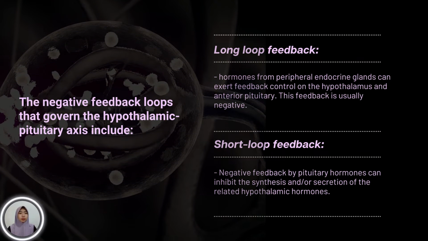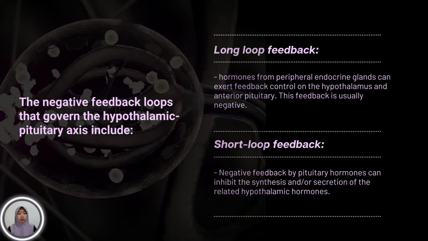So yes, the negative feedback loops that govern the hypothalamic-pituitary axis include, first, the long loop feedback, which is a type of feedback regulation in which hormones from peripheral endocrine glands influence the brain and anterior pituitary.